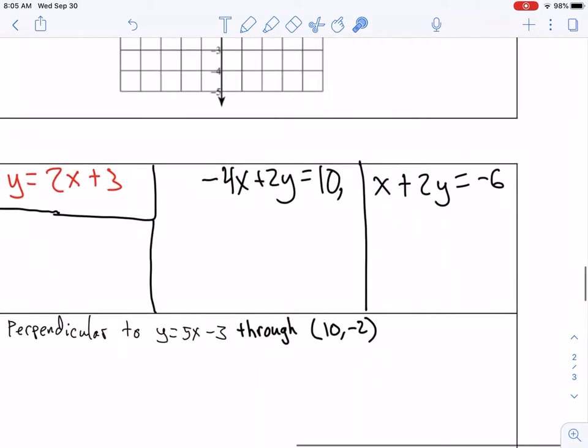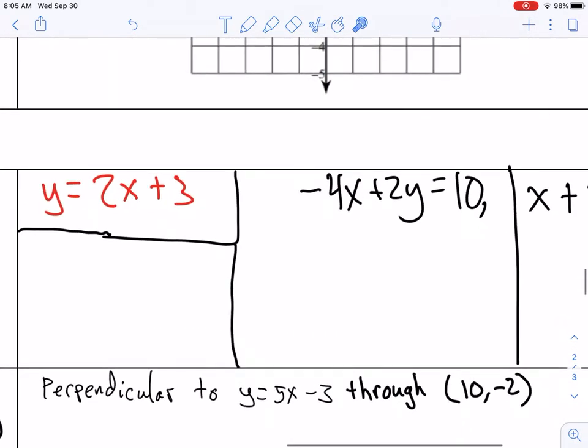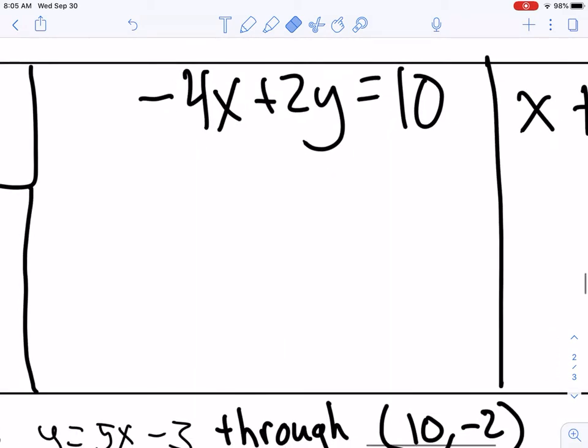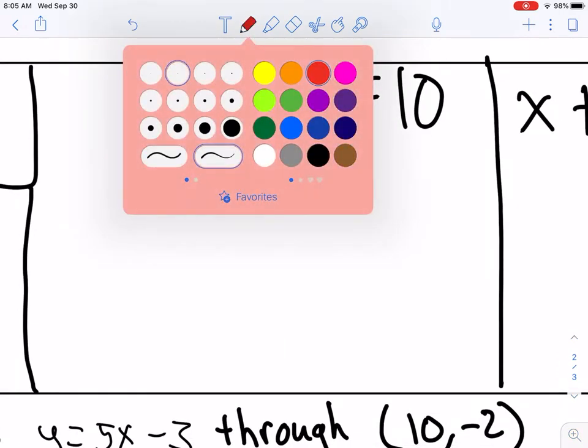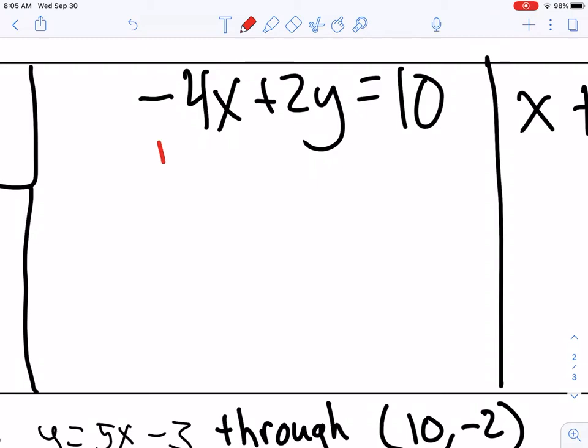So the deal with this is that in order to check the slopes, my equation needs to be in y-intercept or in slope-intercept form. So I am going to solve this right now to get y by itself. In order to get y by itself, I'm going to move my 4x to both sides first. Now I can't put 4x and 10 together because they're not like terms.